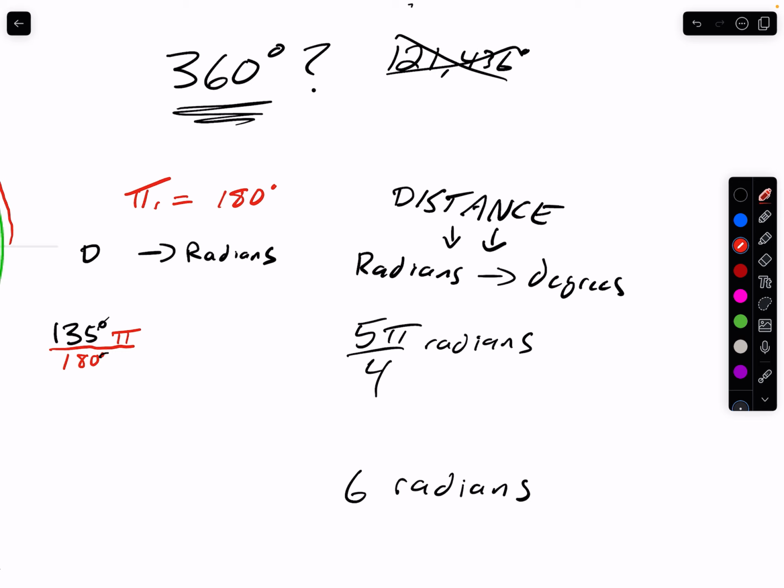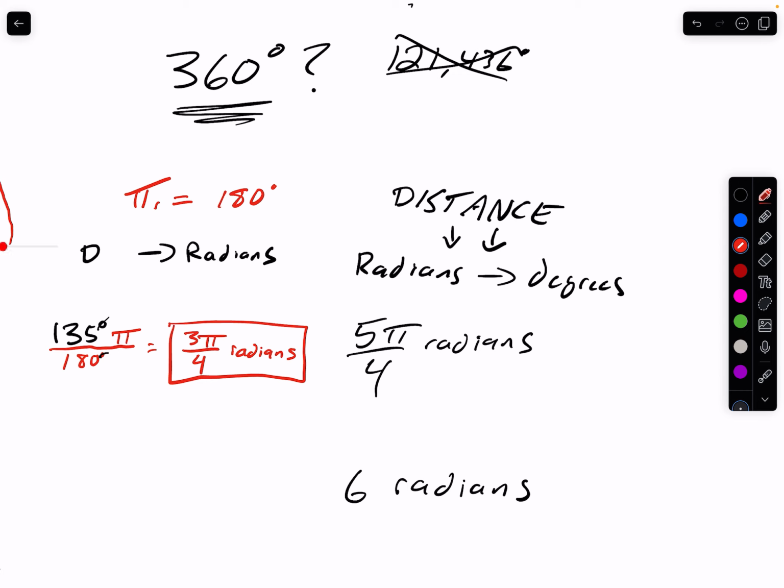A lot of times in radians, our answers are in terms of pi. So if we simplify that fraction to 3 pi over 4, that would be the simplified version of how many radians are in 135 degrees.